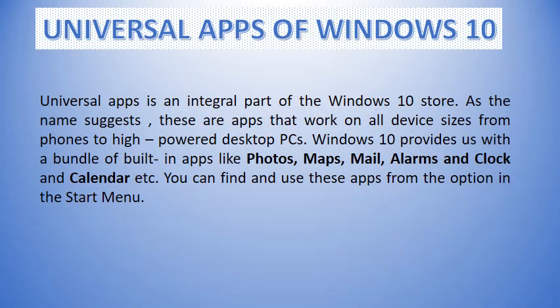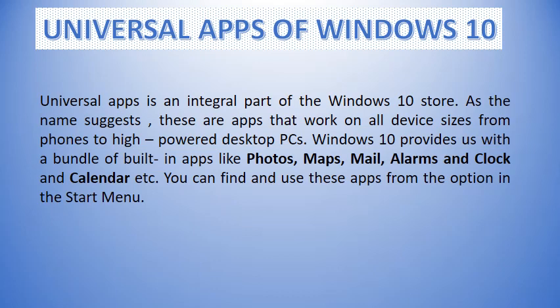Next topic is Universal Apps of Windows 10. Universal Apps is an integral part of the Windows 10 store. As the name suggests, these are apps that work on all device sizes from phones to high-powered desktop PCs.